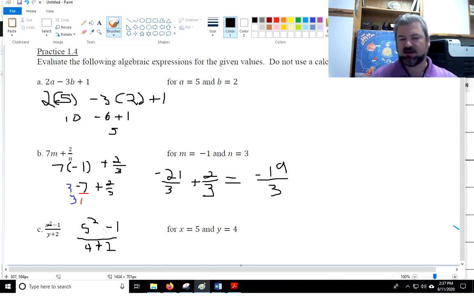If you're plugging in a negative number, you must write parentheses down, because the parentheses indicate that the negative is squared as well. But since it's just a positive number, I can just write 5 squared. So this becomes 25 minus 1 over 4 plus 2 is 6. 25 minus 1 is 24 over 6, and 24 can be divided evenly by 6 to give you 4.